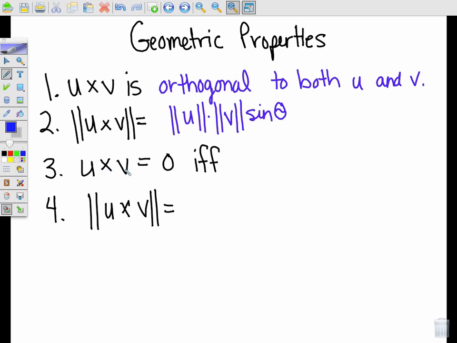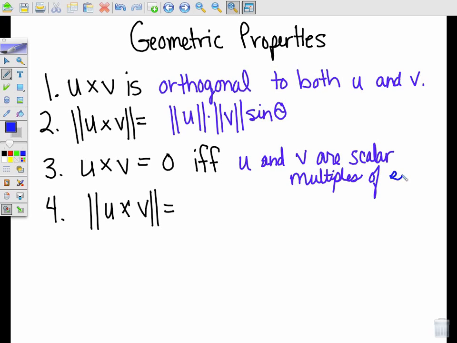u cross product v equals 0 if and only if u and v are scalar multiples of each other, which means that they're parallel to each other.